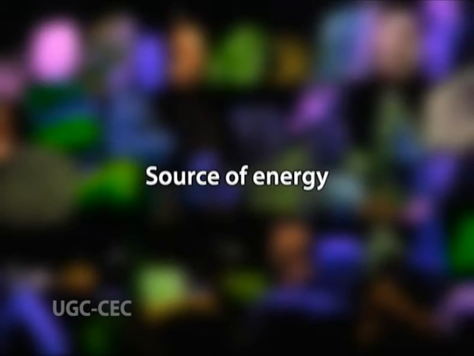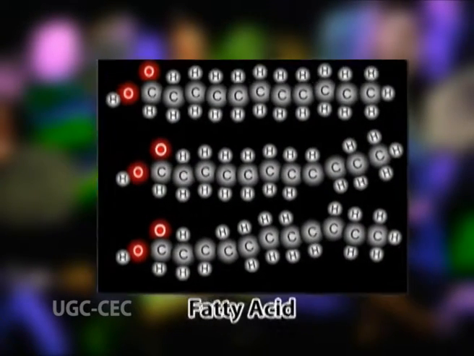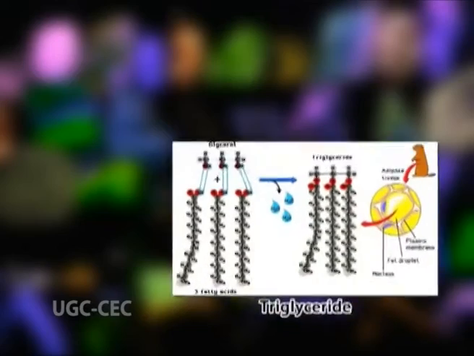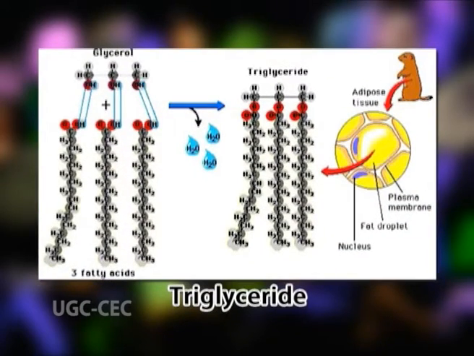The second function of these lipids is that they are the source of energy. The fatty acids of triglycerides are a rich source of energy and are thus stored in both animal and plant structures as triglycerides for energy storage compounds.